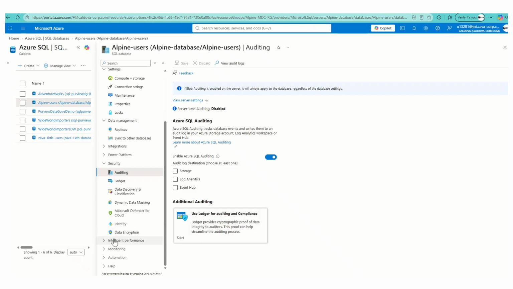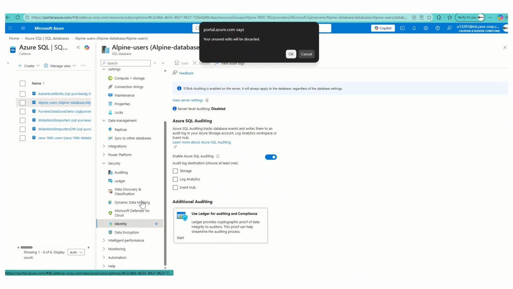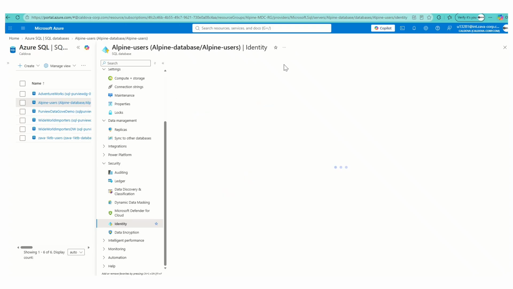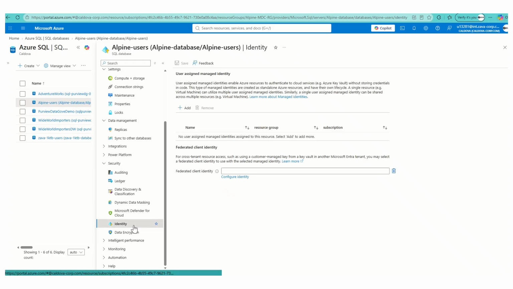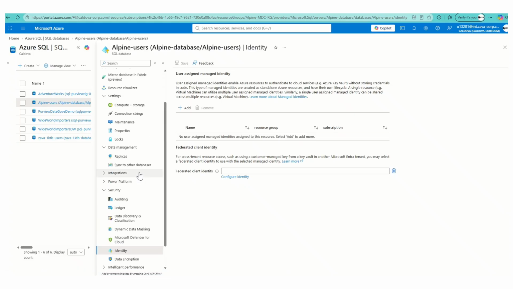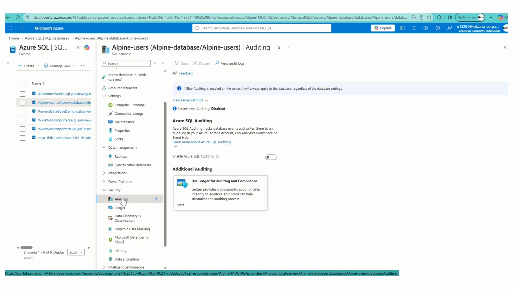In the managed instance, obviously, you get stuff that is configured by Microsoft. We have already been into the identity component, and we talked about this in the encryption as well. Basically, the auditing component was the thing that we wanted to see over here.